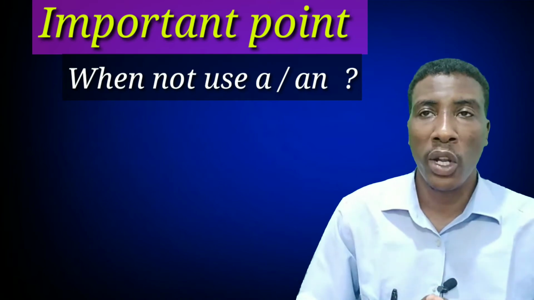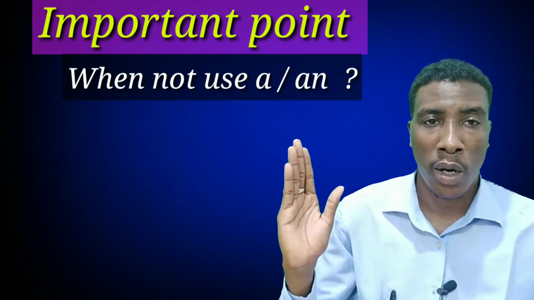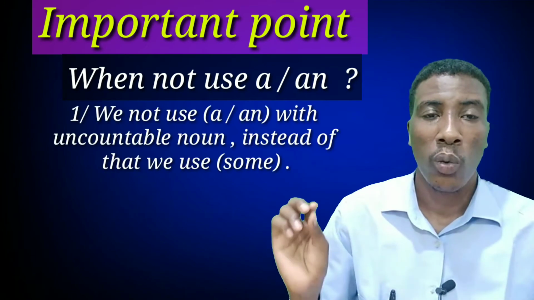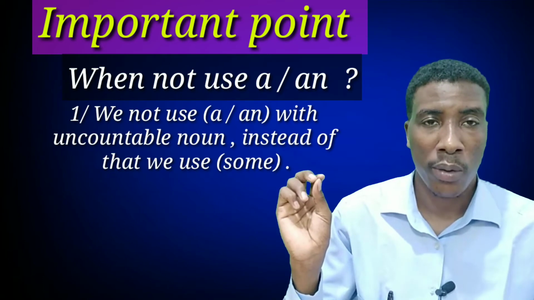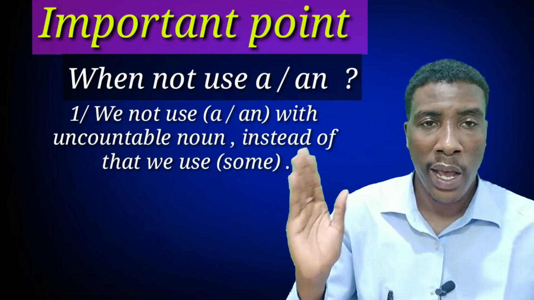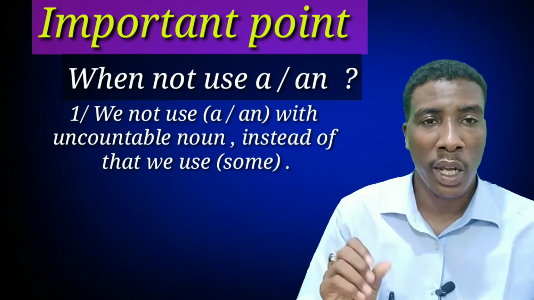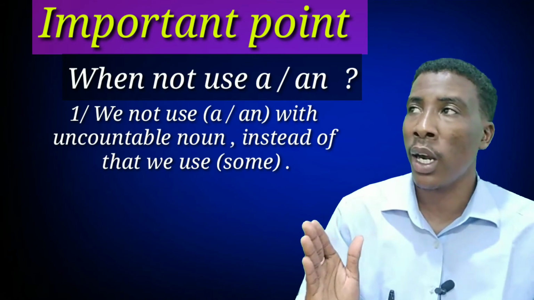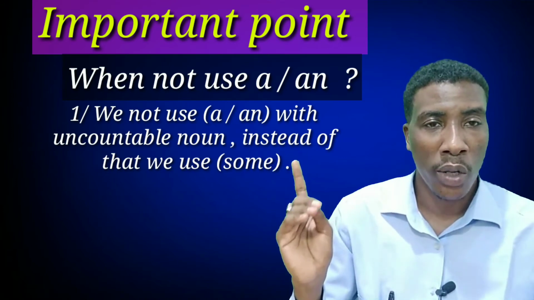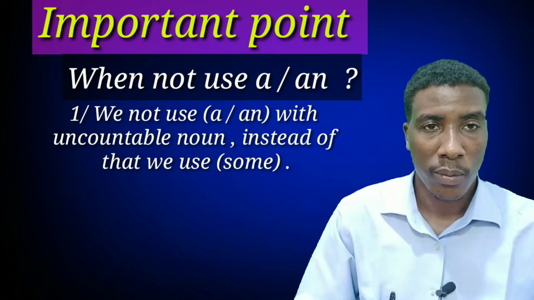So, there are important points about when not to use a or an. Number 1, with uncountable nouns. We do not use a or an with uncountable nouns. And as I mentioned, the uncountable nouns are love, information, water, milk, sugar, like this.